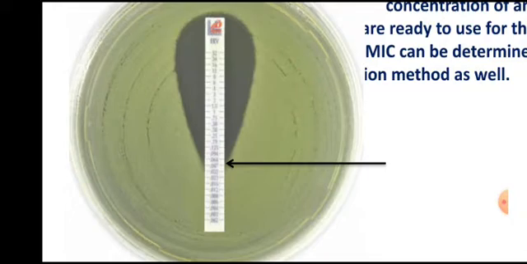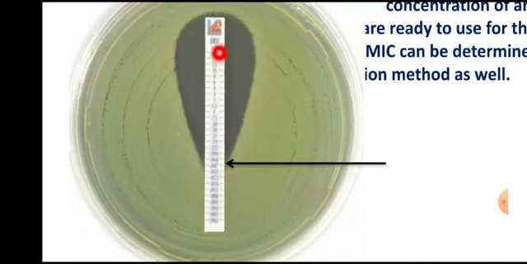Then you can see this is the antibiotic strip, and you can see the lines and some figures marked. It is not clear, but here it is a high concentration of antibiotic, and as you go in this direction, the concentration decreases.